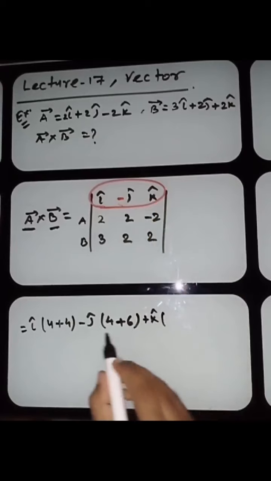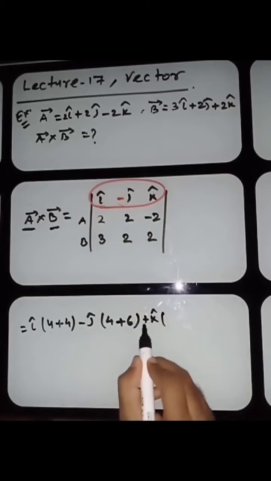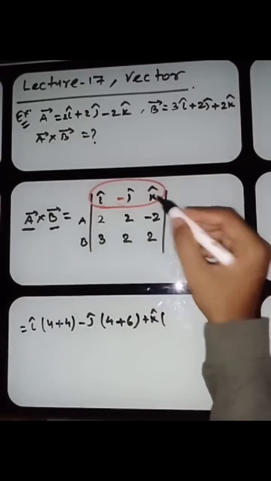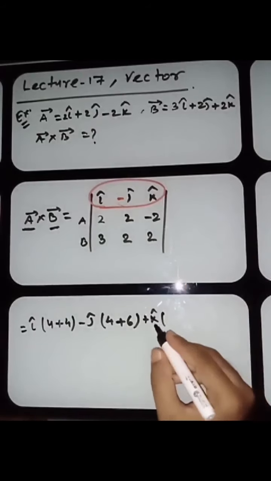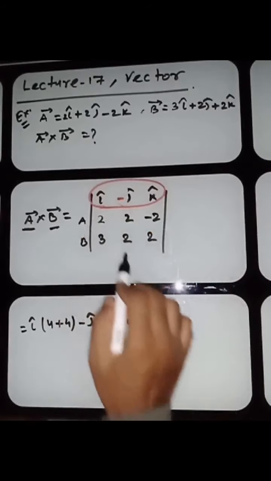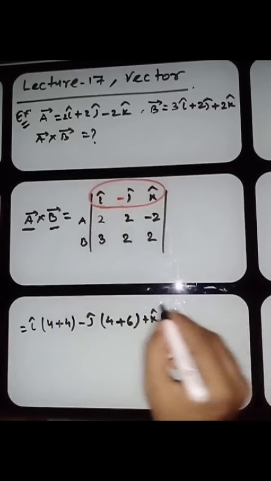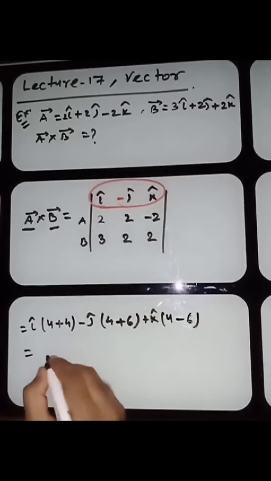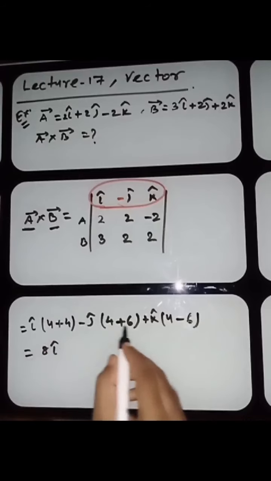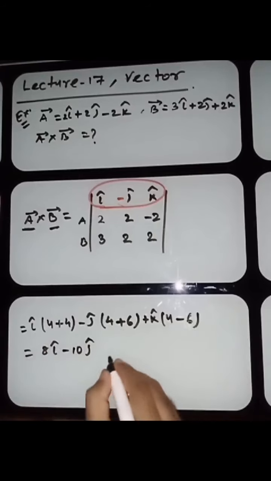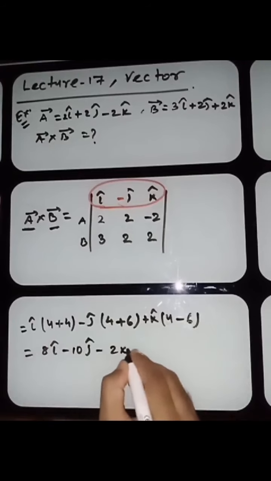Remember, don't forget to put the minus and plus signs here, otherwise it looks like multiplication or something weird. Now split this one: 2 2s are 4 minus 2 3s are 6. Here 8i, you can see minus 10j, and here minus 2k.